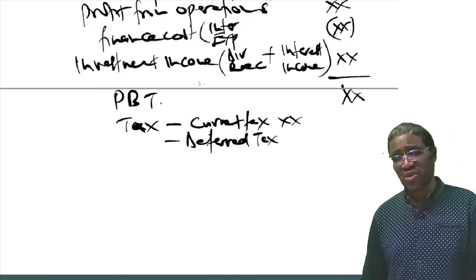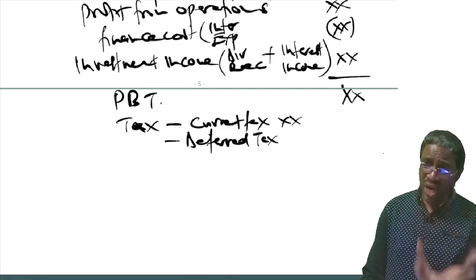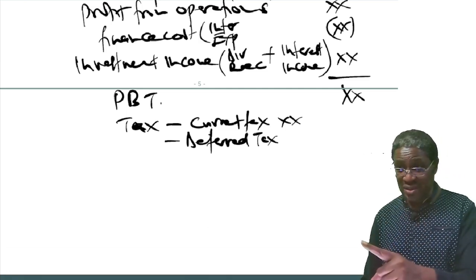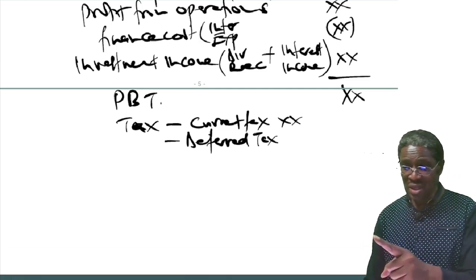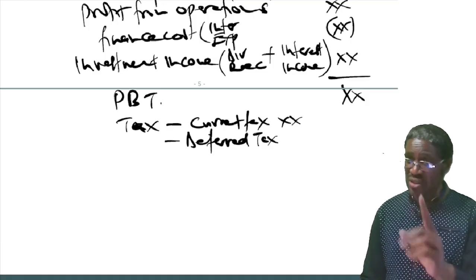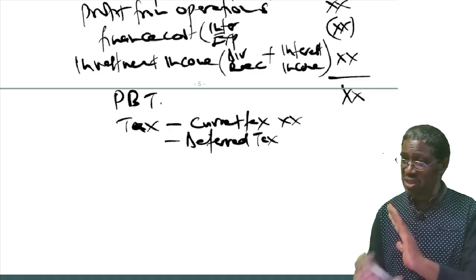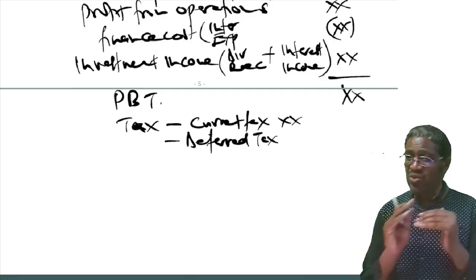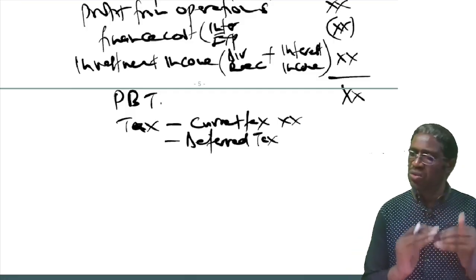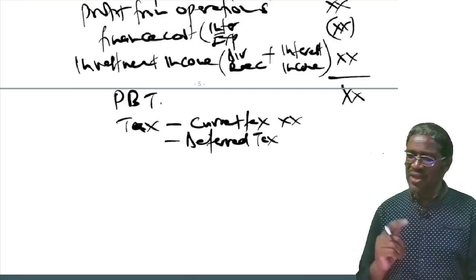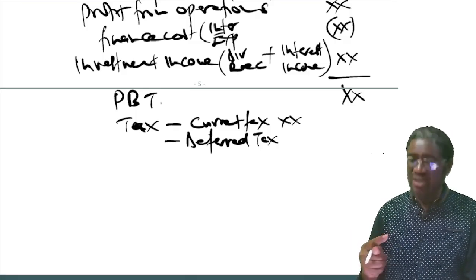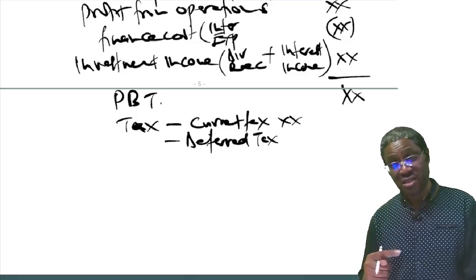Now, when it comes to deferred tax, sometimes you add, sometimes you deduct. Corporation tax, that current tax, is a deduction. But when it comes to deferred tax, there are times we shall be adding it, there are times we shall be deducting it.